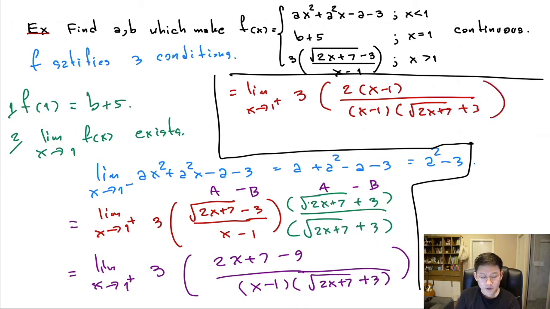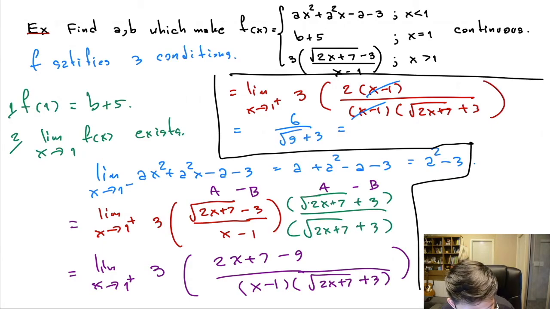Because this guy is 2x minus 2, and then I pull 2 out, I get 2 of x minus 1. And these cancel out, so I substitute x with 1. So what I have is 6 divided by the square root of 9 plus 3, which is 6 divided by 3 plus 3, which is 1.